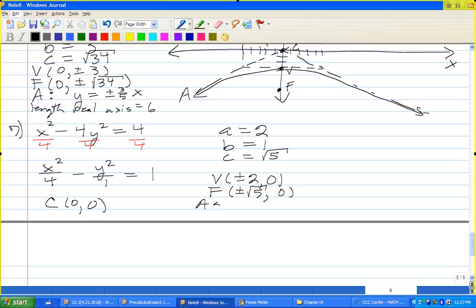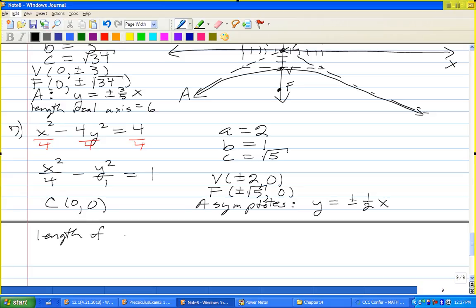The asymptotes will be y is equal to plus or minus 1/2 x. The length of the real axis is going to be 4. So 2 times 2 is 4.